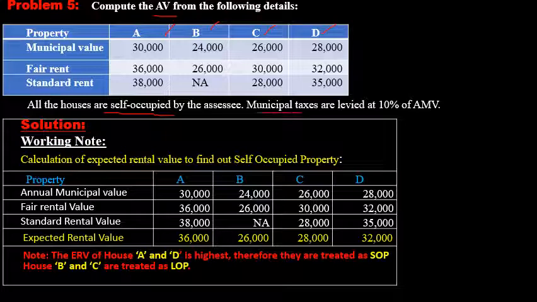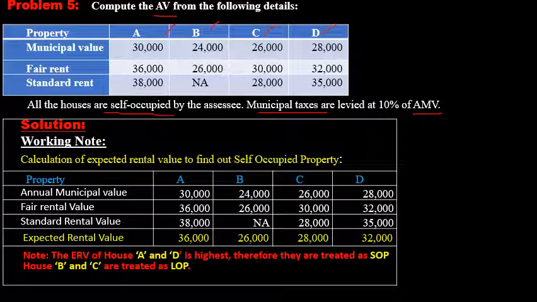Another point in this problem: the municipal taxes are levied at 10% of AMV. AMV stands for annual municipal value. Municipal taxes are charged at 10% of annual municipal value.